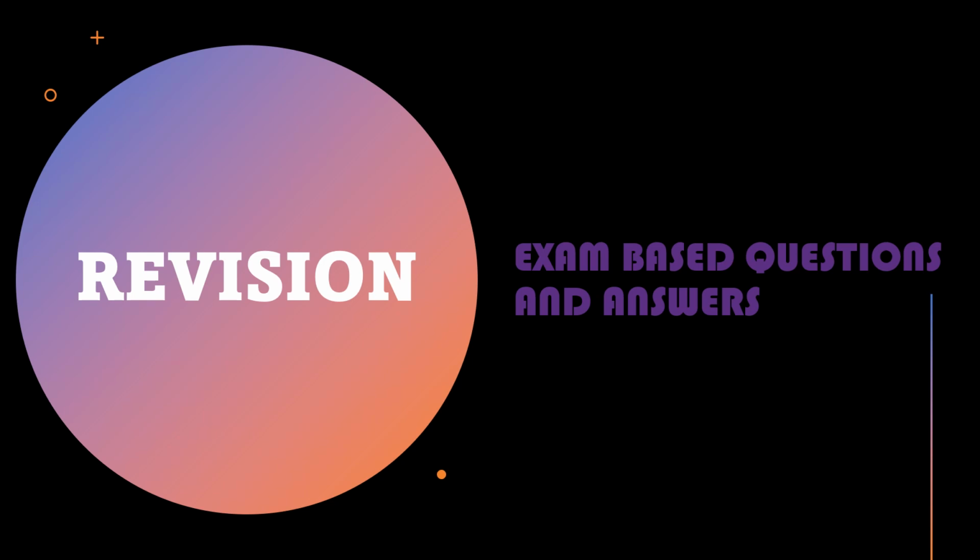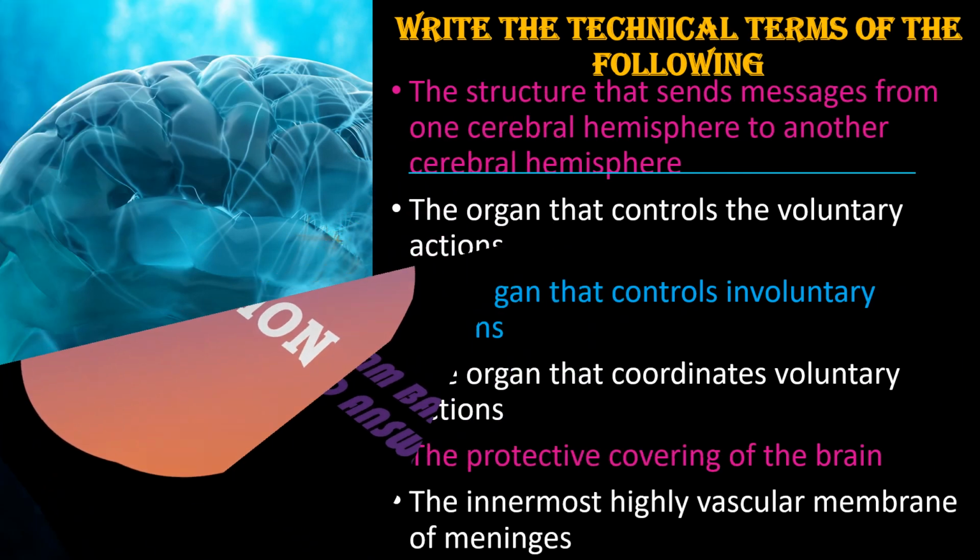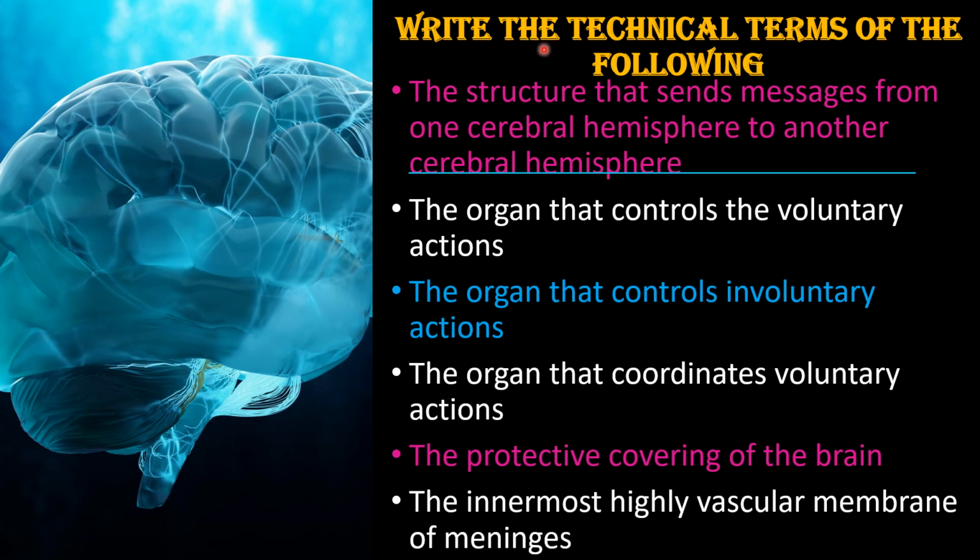Revision. Exam-based questions and answers we are discussing here. Write the technical terms of the following. First question. The structure that sends messages from one cerebral hemisphere to another cerebral hemisphere. That is corpus callosum.